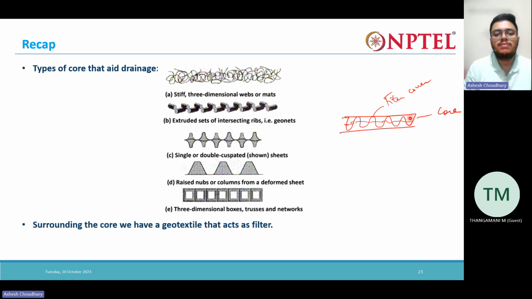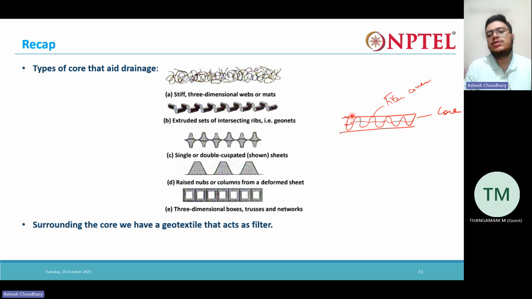If you remember the PVDs, prefabricated vertical drains that we use, they had an outer covering and inside we had a core. Outer we had a geotextile and inside that a corrugated PVC sheet kind of thing. That was the core, and that core actually carried the water.